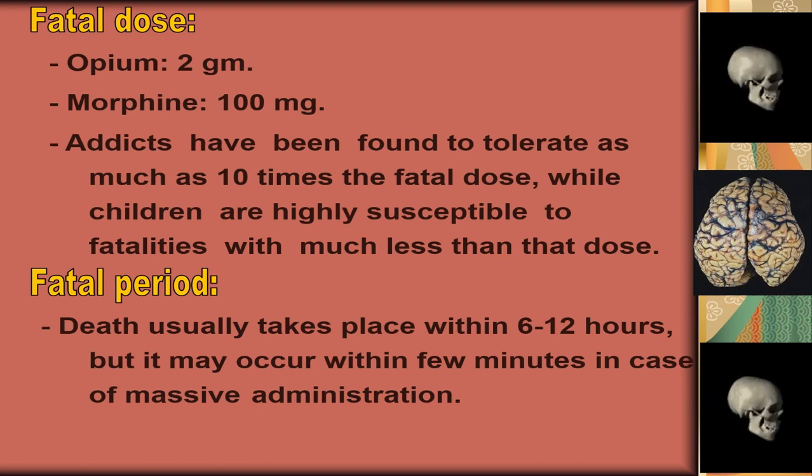However, addicts can tolerate as much as 10 times the fatal dose for normal people, while children are highly susceptible to fatalities with much lower doses than usual. The fatal period of opiates is expected within the first 6 to 12 hours. However, many times this occurs within a few minutes in cases of massive administration.